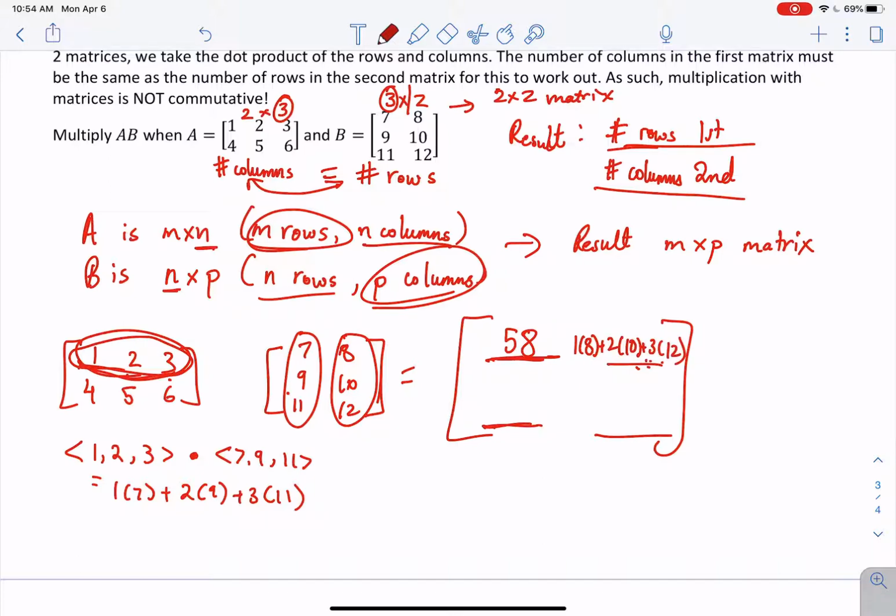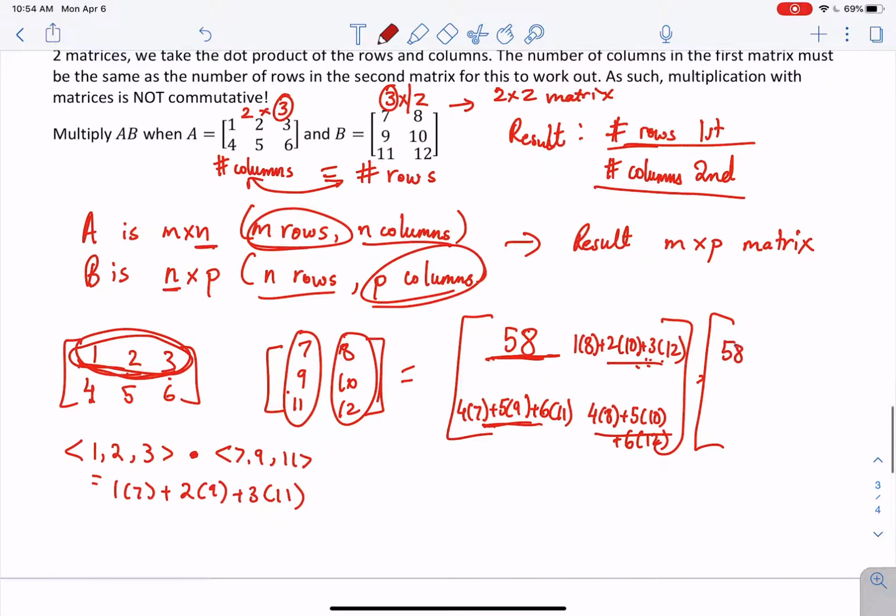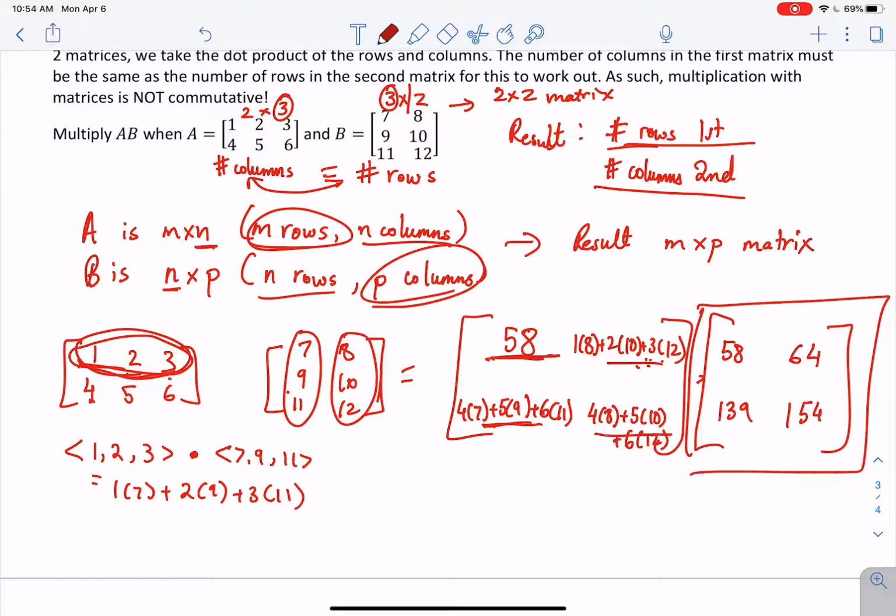Then this is second row, first column, so this would be 4 times 7 plus 5 times 9 plus 6 times 11. And then this is second row, second column, so 4 times 8 plus 5 times 10 plus 6 times 12. And when I add all of those up, I'll get 58, 64, 139, and 154. And that would be my multiplied out matrix.